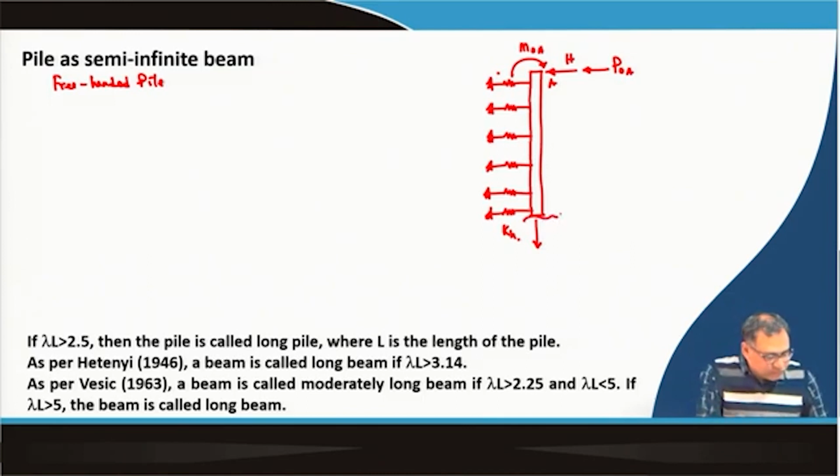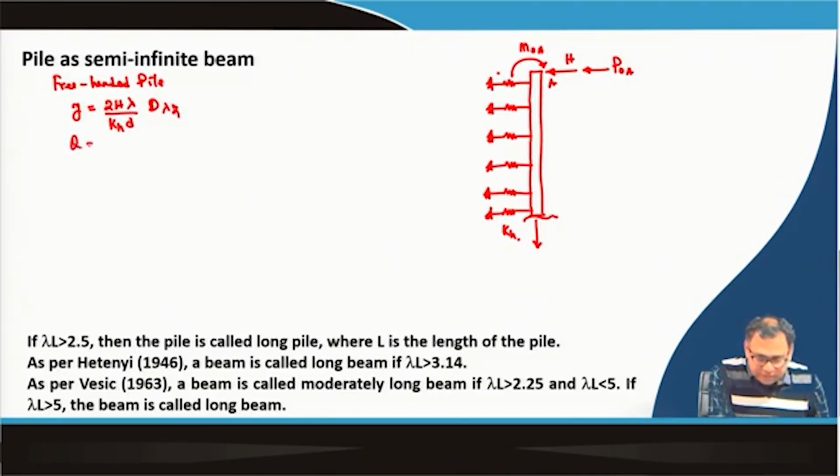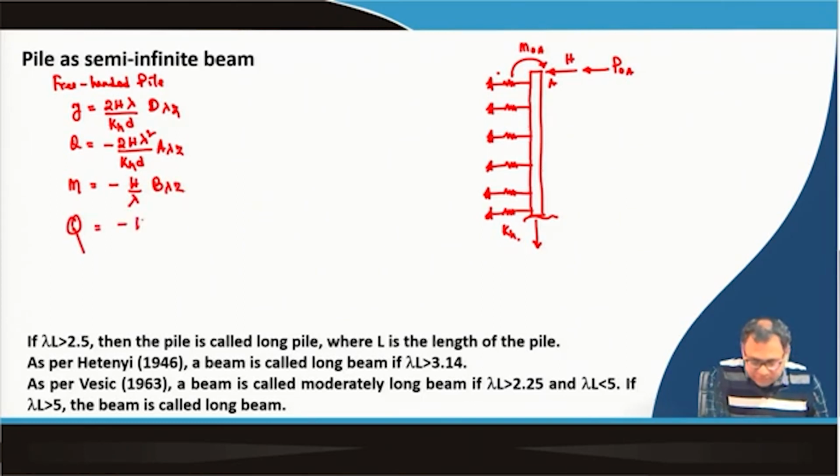After solving this, we will get y is equal to 2h lambda by kh d, D lambda z; theta is equal to minus 2h lambda square by kh d into A lambda z; moment is equal to minus h by lambda B lambda z; and shear force is equal to minus h C lambda z.